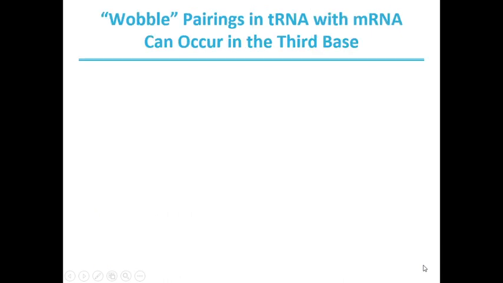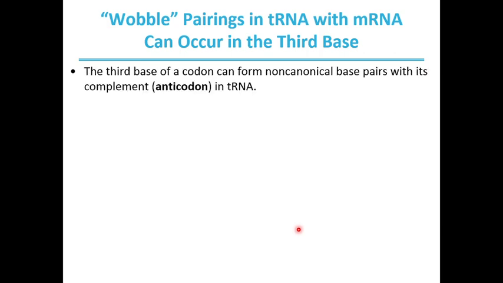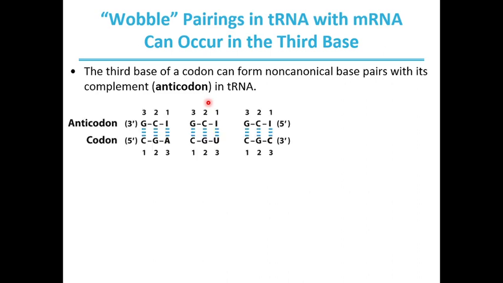When several different codons specify one amino acid, the difference between them usually lies at the third base position. The third base of a codon can form non-canonical base pairs with its complement, the anticodon in the tRNA. Let's look at an example. The codon CGA pairs with the anticodon ICG, where I is a non-canonical base, and this base pair is a non-canonical base pair.